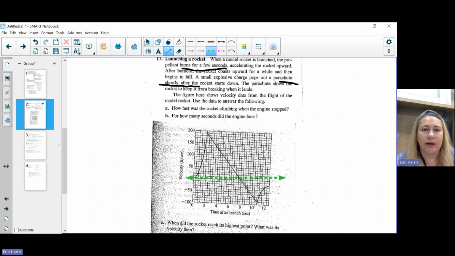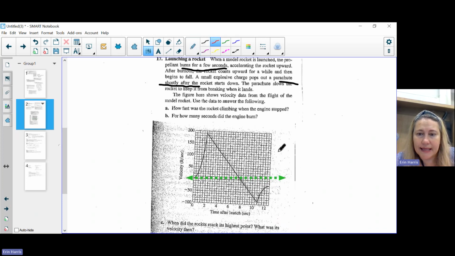Okay, because remember, when it comes to velocity, positive velocity means the object is rising, right? So we are rising for all of these seconds up until we get to 8 seconds, right? Because velocity is positive. Okay, so the object rises and then changes directions at 8 seconds.